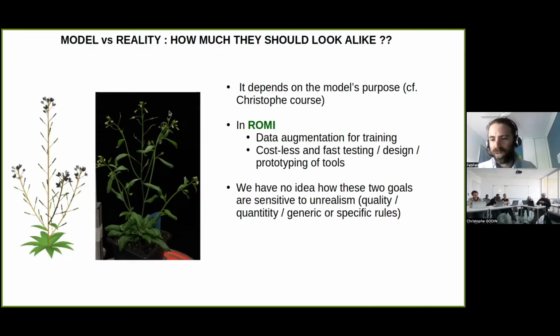So Christophe very nicely presented on Monday that you can make models for different goals. And so the realism, or the fact that your virtual plant will really look like a real plant, is not always a necessity, depending on what's the final use of your model. And so I was interested in this question.